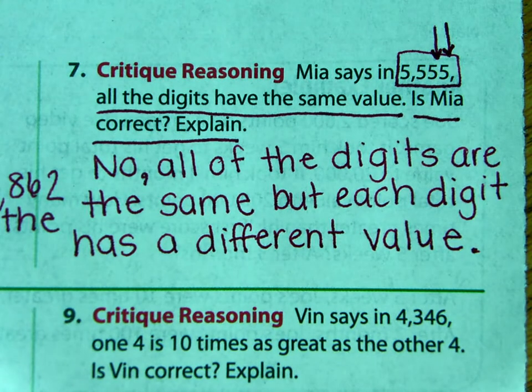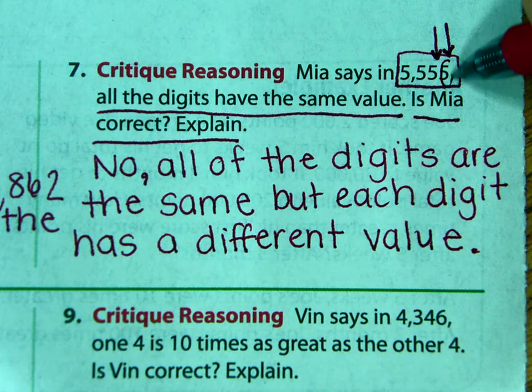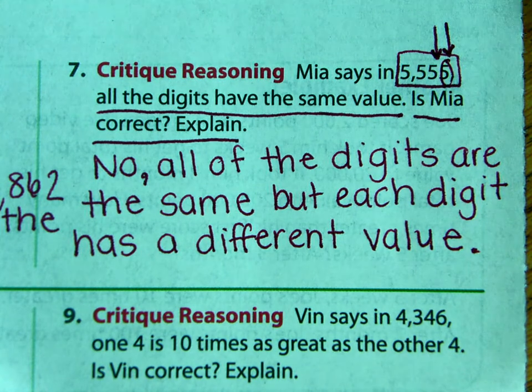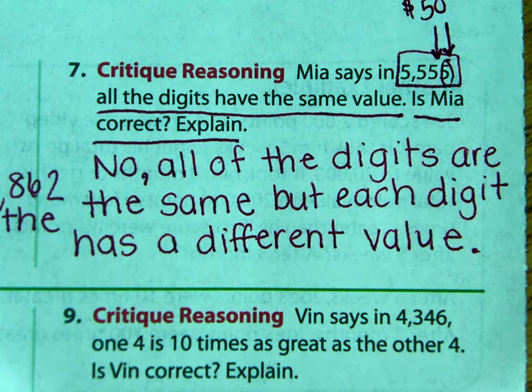Again, keeping that example in mind that I only have $5, but if Easton walks in and he has 5 in the tens place, that means he has 50. Again, not the same value.